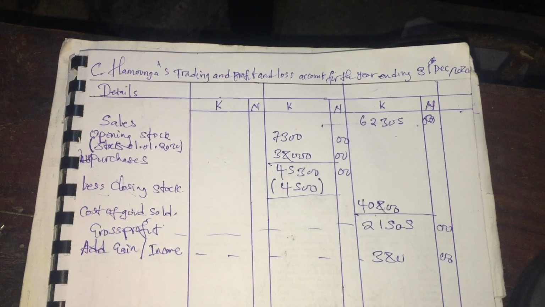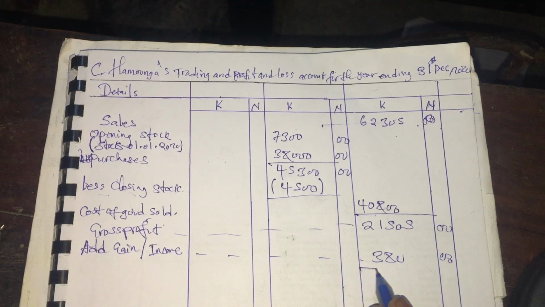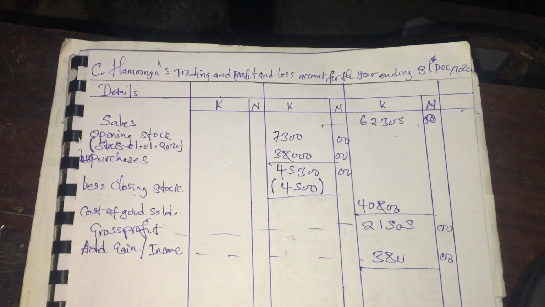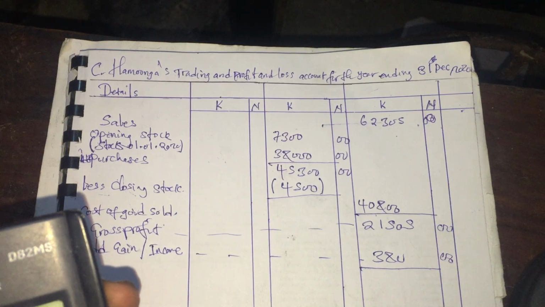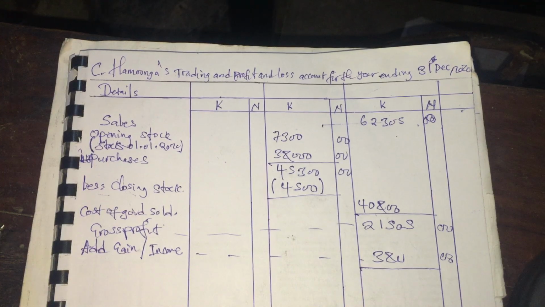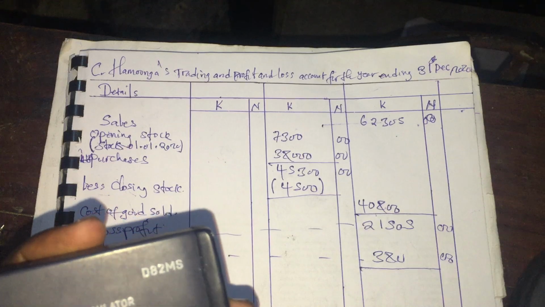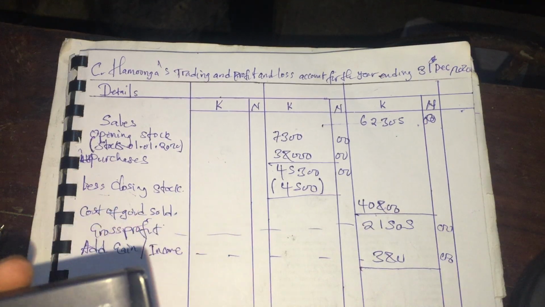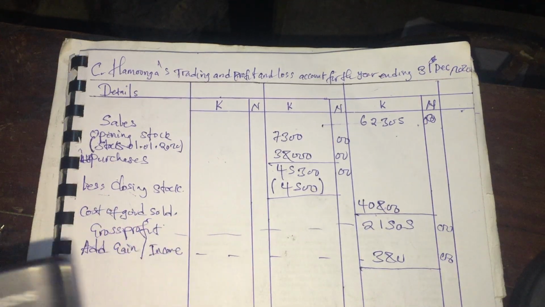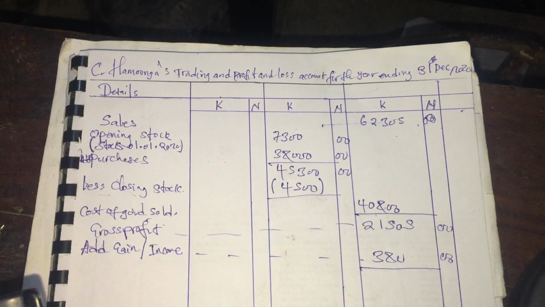Then now, what are we going to do here? We are going to substitute here 21,505 minus 380.